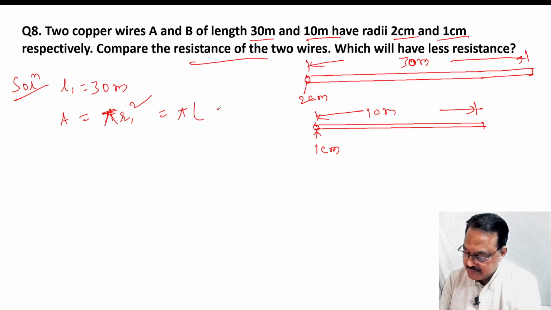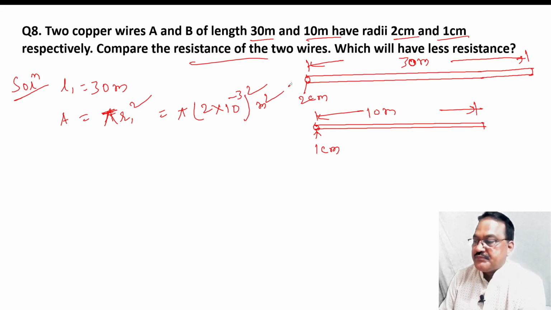How much is r1 given in the first case? 2 centimeter, to be converted into meter. 2 into 10 to the power minus 3, so A1 is pi times (2 into 10 to the power minus 3) square. Okay, this is in meter square.